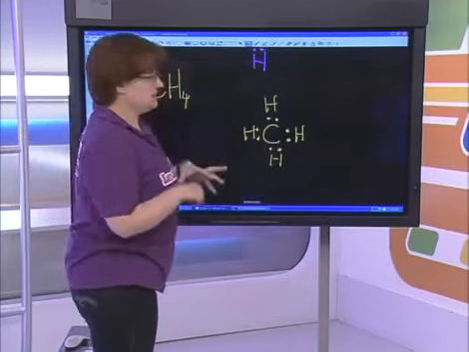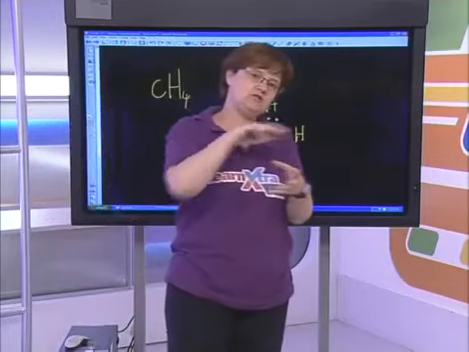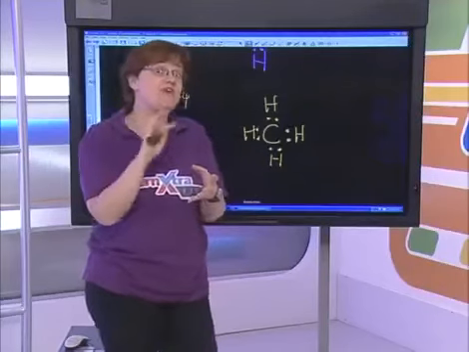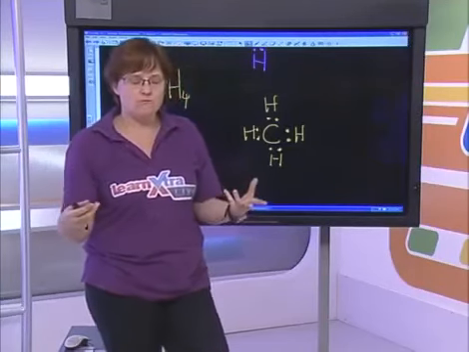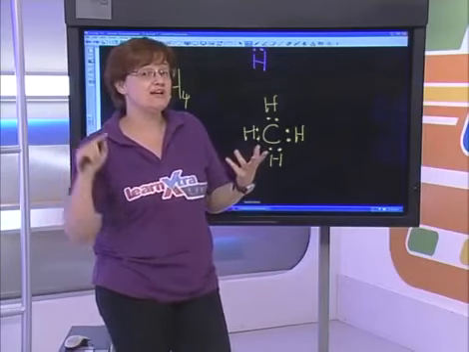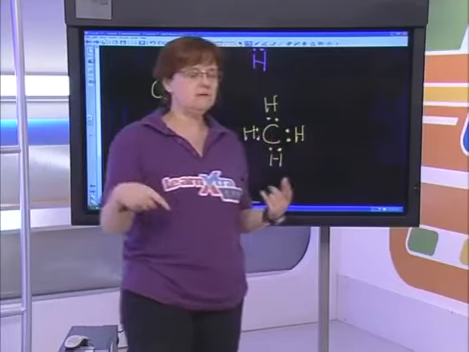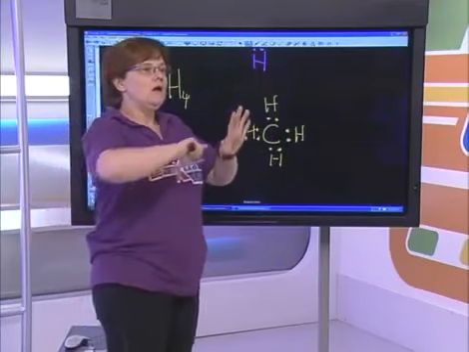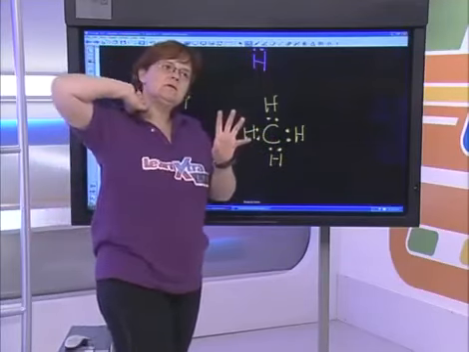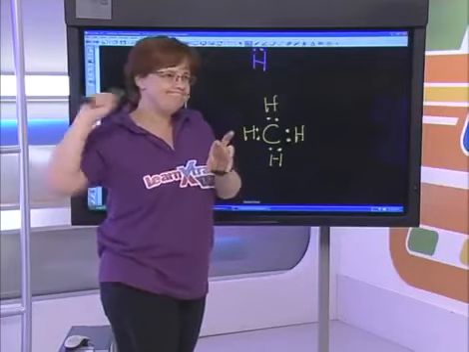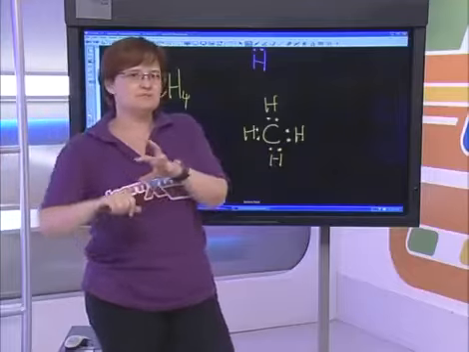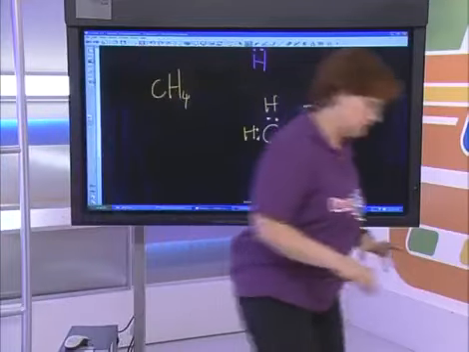Maybe. But remember, the point is that each of the atoms wants to be as far away from each other as they possibly can, because the model we're working with is called the valence shell electron pair repulsion theory, VSEPR for short. That means the electrons, the atoms, want to be as far away from each other as possible.